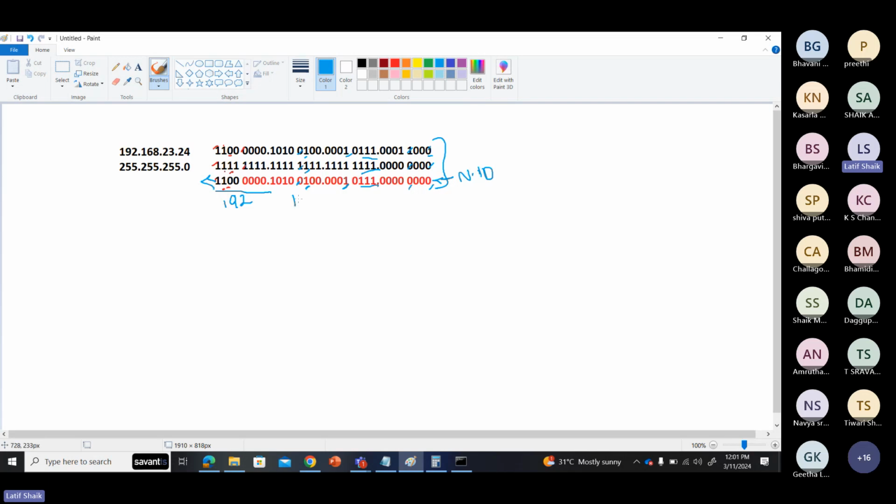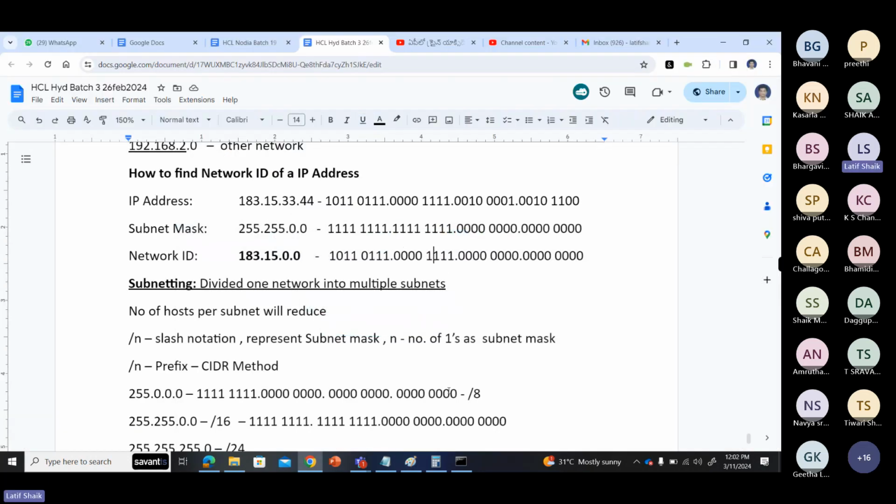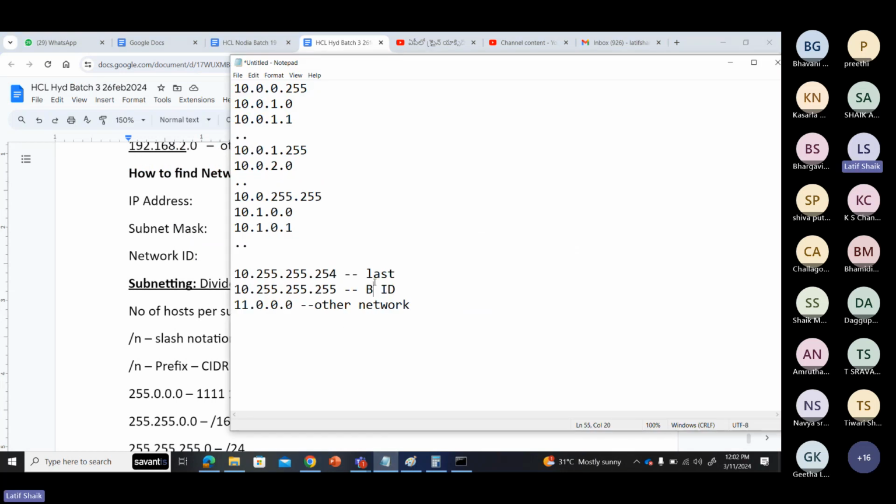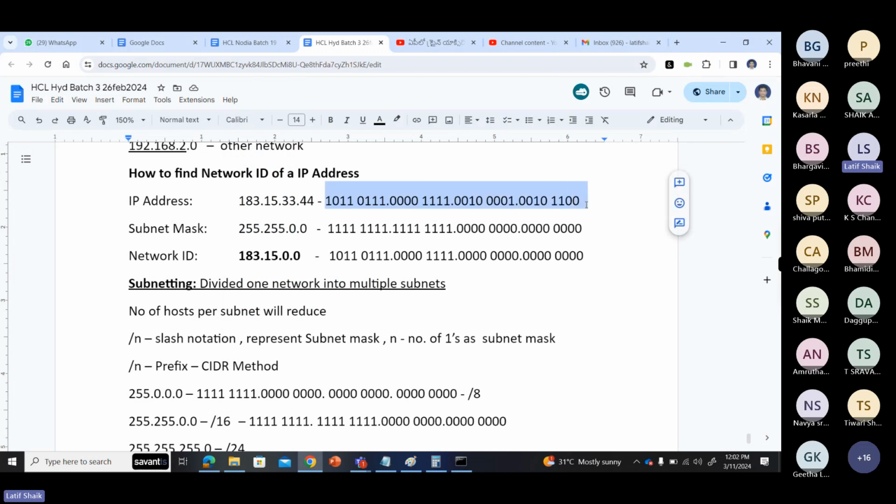So 192, 168, 23.0. This is your network ID. And now you understand how to calculate: convert into binary format, do the AND operation, and the result is the network ID, which you convert into decimal format. Okay.